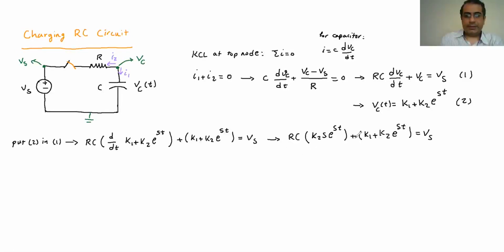If I rearrange that equation to simplify it, eventually what I'm going to get is (1 plus RCS) K2 e to the power of st, plus K1 is equal to Vs.